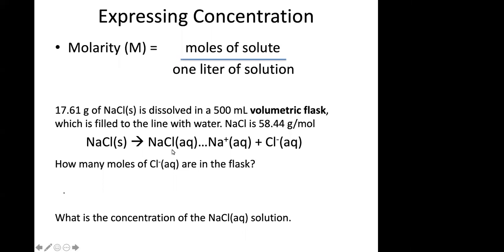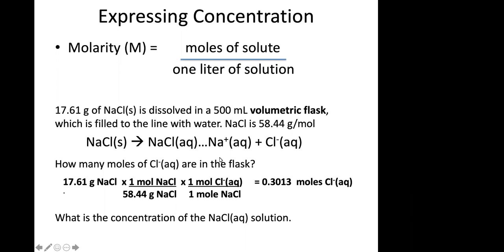And I do that by first thinking, well, how is it going to dissociate? And from there, I can now express the amount of solute that I have. Maybe I need to figure out how many moles of chloride, or in this case, it was for the entire solution, the sodium chloride aqueous, and then that would be in half a liter.